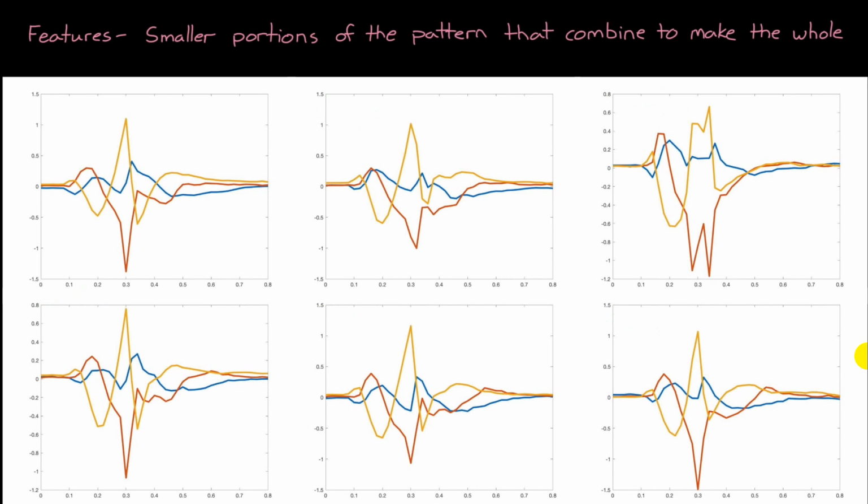Therefore, we may be able to claim that any combination of a slow, fast acceleration is a high five, even if we observe a new high five that we didn't explicitly collect data for. In this way, we're breaking the larger pattern down into its base components, its features.